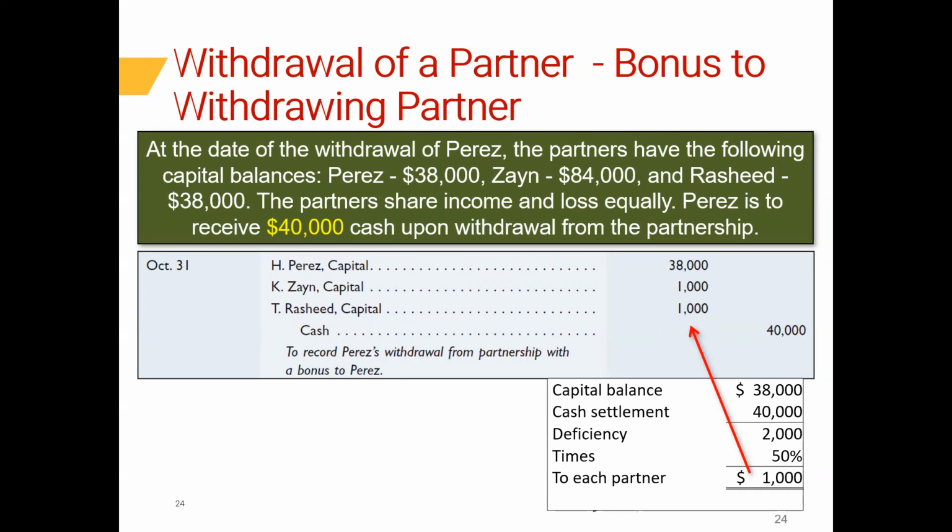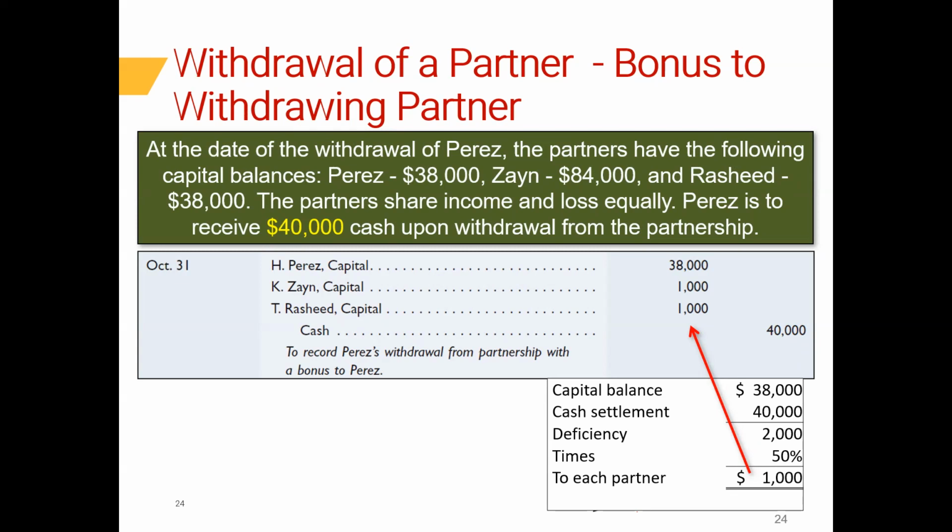Okay, so when Perez is leaving, the other partners share in the income and loss equally. That's the whole idea of a partnership. You share in income and loss. So with Perez leaving, the other two remaining partners would reduce their equity based off of any type of loss.